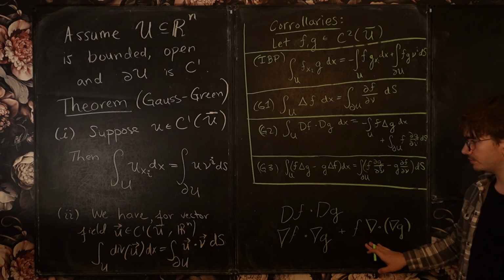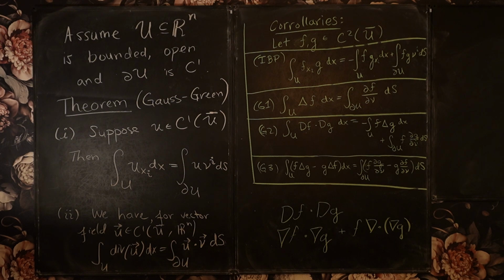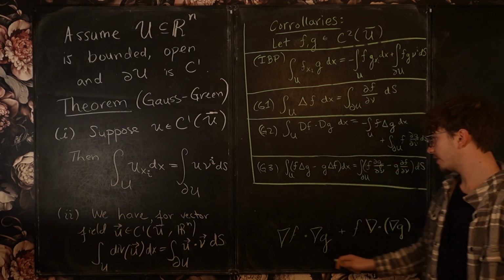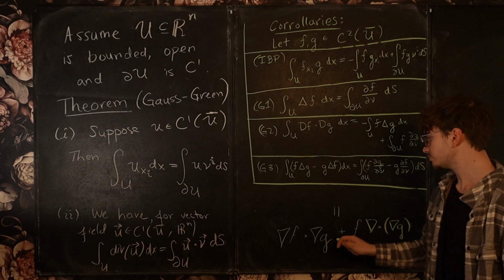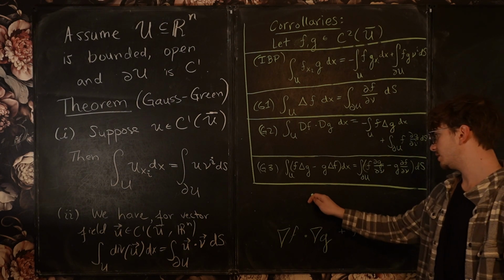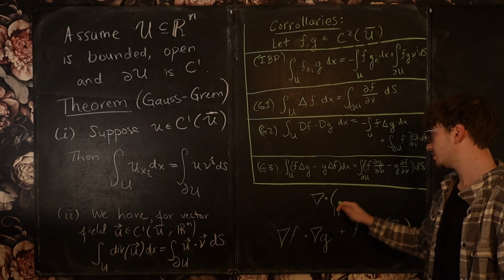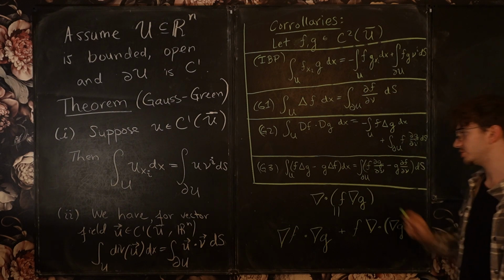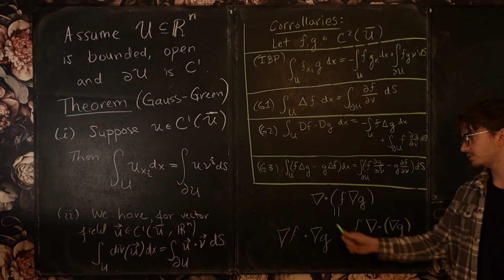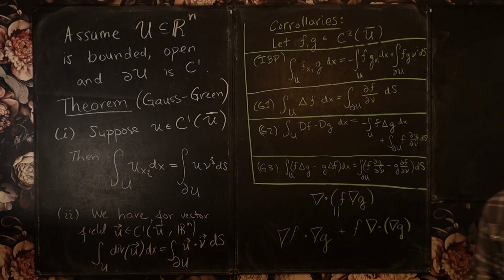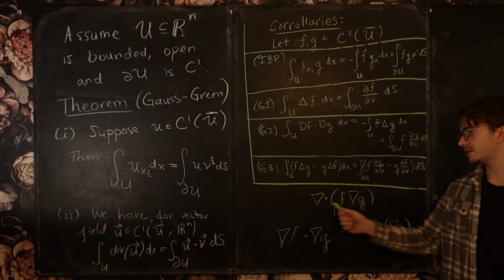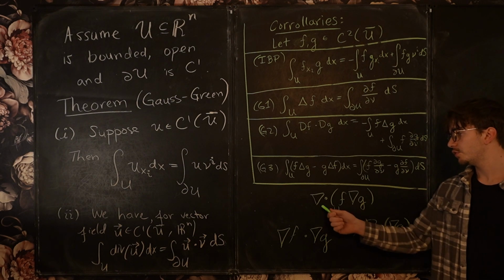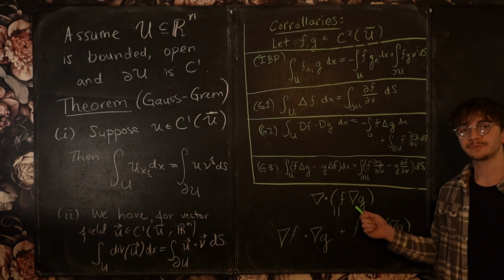These two terms, via the product rule, I can write as just the divergence of f times grad g, okay? The reason this holds is because for the divergence, if we expanded it in terms of its definition with the coordinate-wise derivatives, we could apply the product rule in each coordinate.